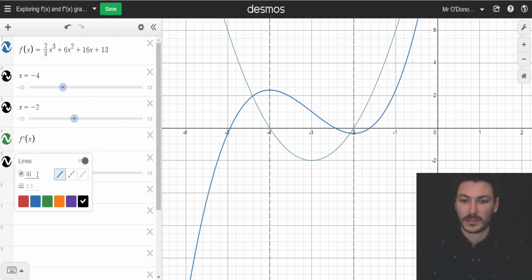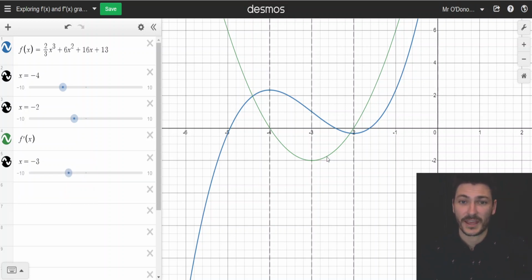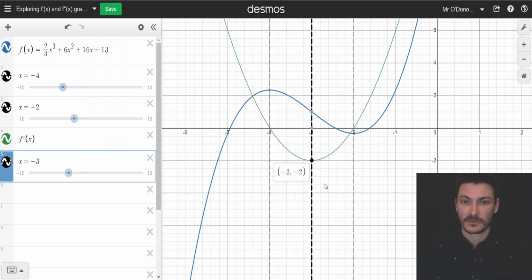Make it less opaque and make it dotted. Maybe it's 0.3 is best. Okay, so that's another important equation, x equals -3, because it is the turning point of my derivative function. And what that corresponds to is my point of inflection of my original function.